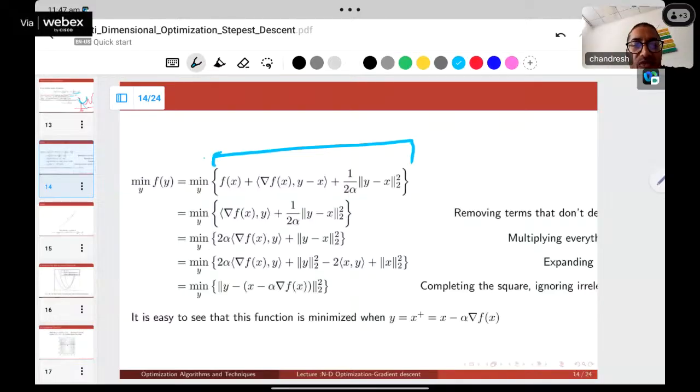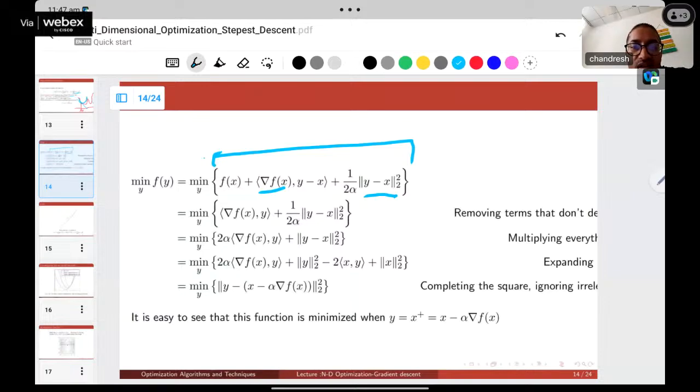So far, so good. This is nothing but gradient times y minus x plus 1 over alpha. Here we have replaced the Hessian with the identity matrix and 1 over alpha. That's how we get this term.